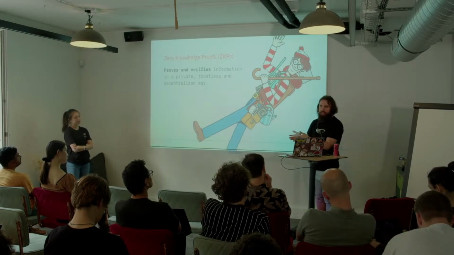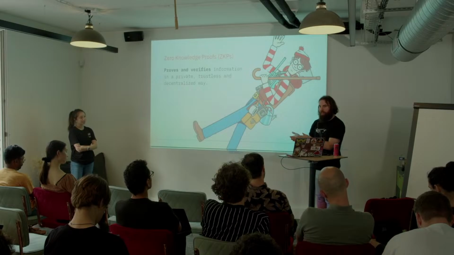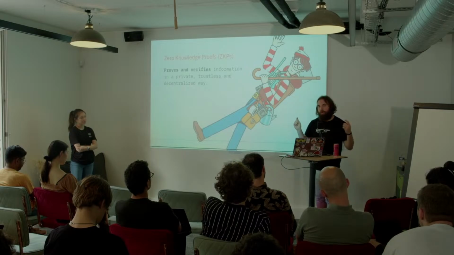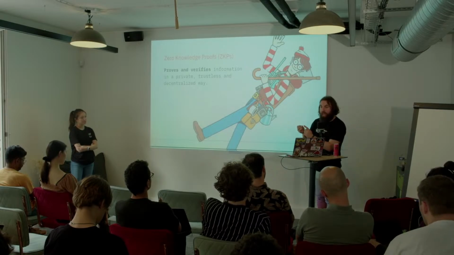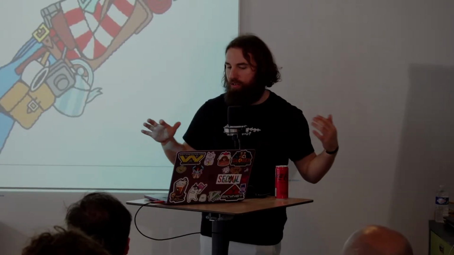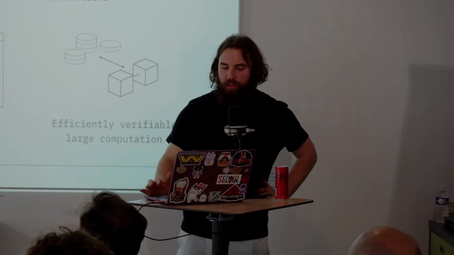Here, you can see, I found him on the map, so you can only see Wally through the card, not where he is on the map relative to anything else. So what you've proved is, I know where Wally is, because I know where to put the cardboard over, but that person doesn't see where he is on the map. So you've proven that you know something without revealing the information that they can then go and tell to anyone else. So you can use that for lots of different things.